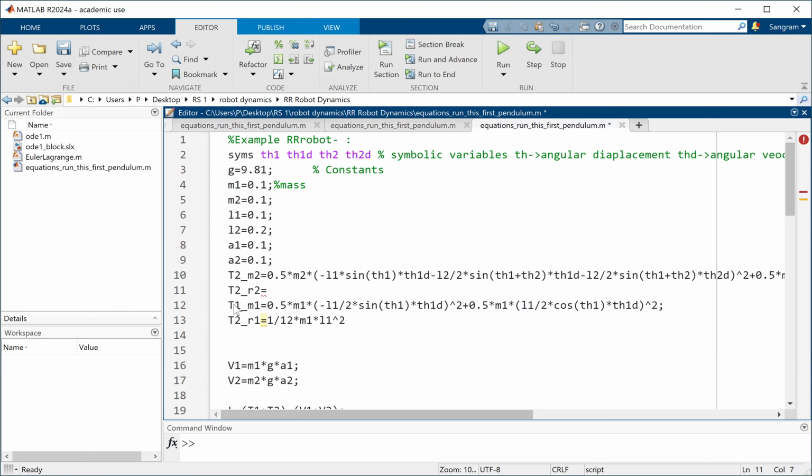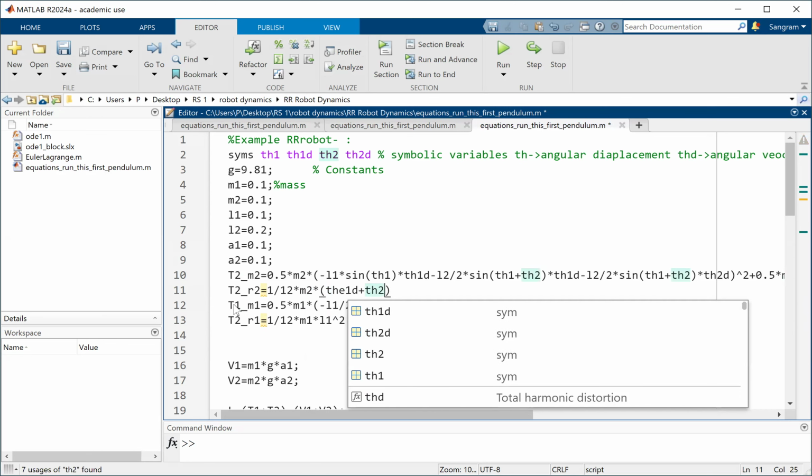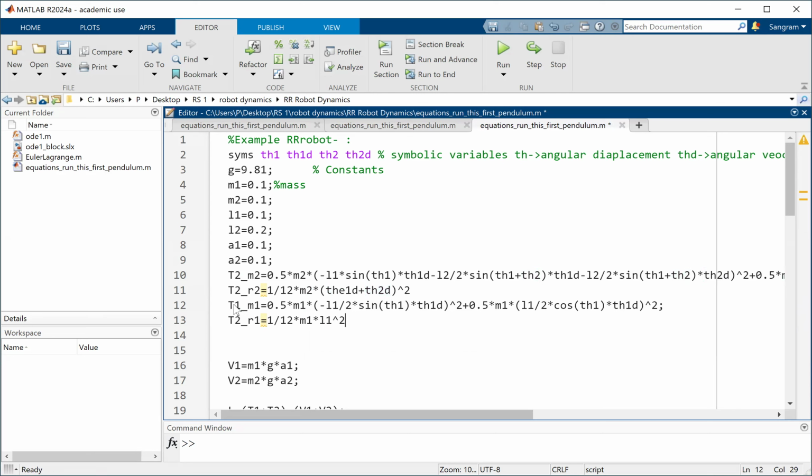Kinetic energy of rotation for the second mass is going to be 1 by 12 multiplied by M2 multiplied by L2 square multiplied by th1d plus th2d, square.